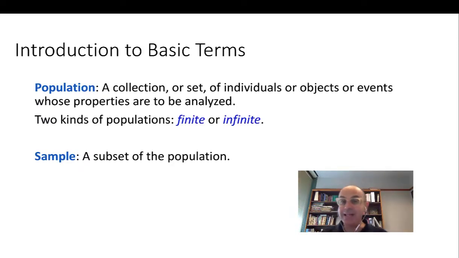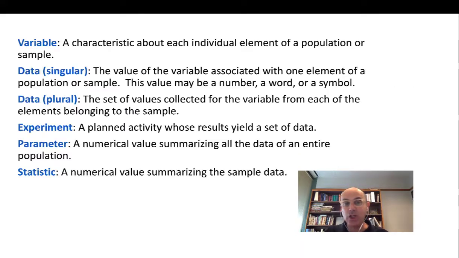But in this case, we are trying to come up with a way not to examine the entire population, but to take a sample. A sample needs to represent the entire population. So for every population or sample, we have criteria for how to do that.